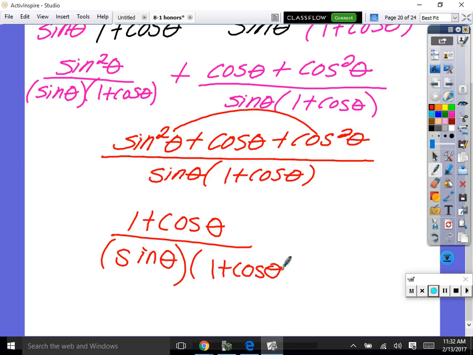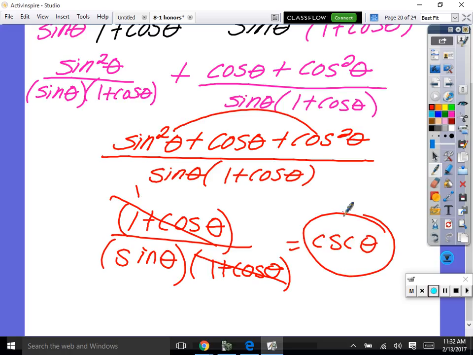Now remember, you can never divide across addition unless it's an entire factor. But aren't those entire factors? So that became a 1. So 1 over sine theta, which is cosecant theta. Who would have known that that would have simplified to be that? Not me, until I did it. The algebra doesn't lie.